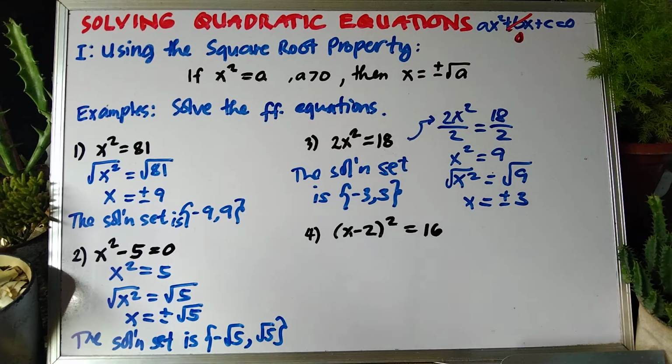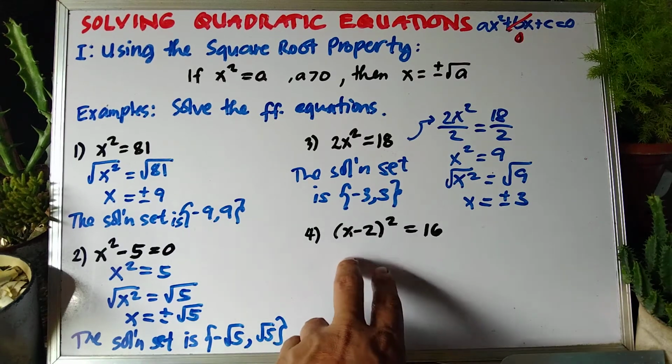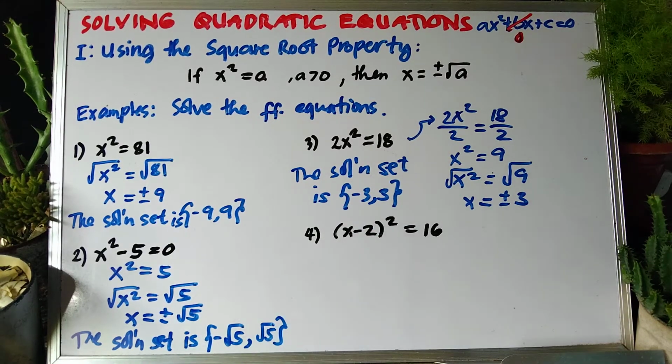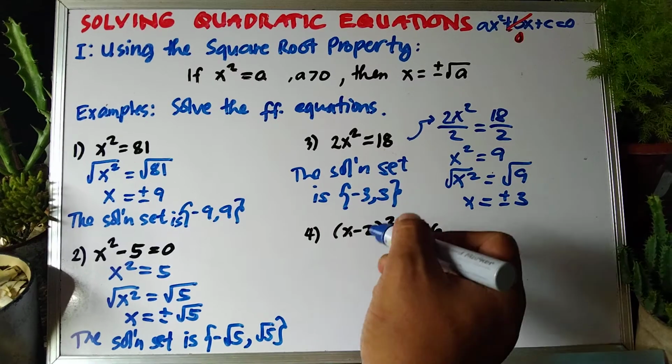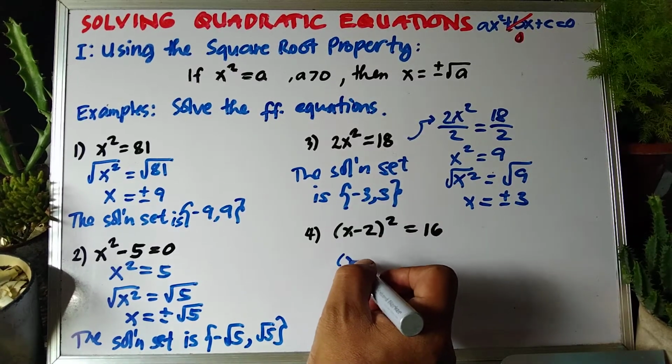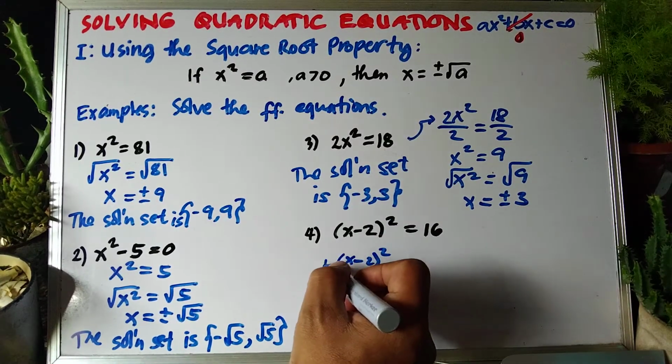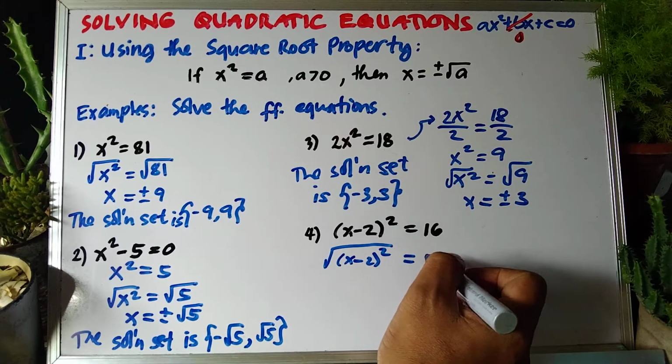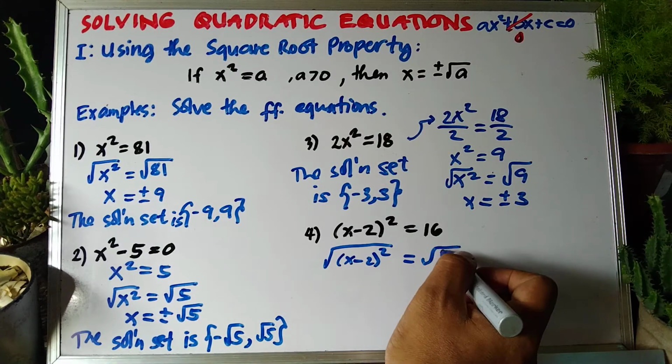Okay, now let's move on to example number 4. We have x minus 2 raised to the second power is equal to 16. What are we going to do? Since this is already raised to a second power, we can now directly extract the square roots to both sides of the equation. So, this becomes x minus 2 squared, then we raise that to square root.